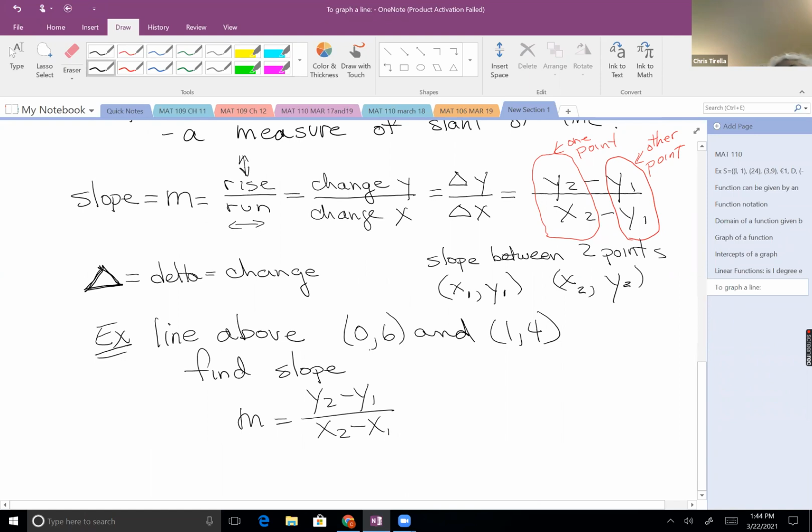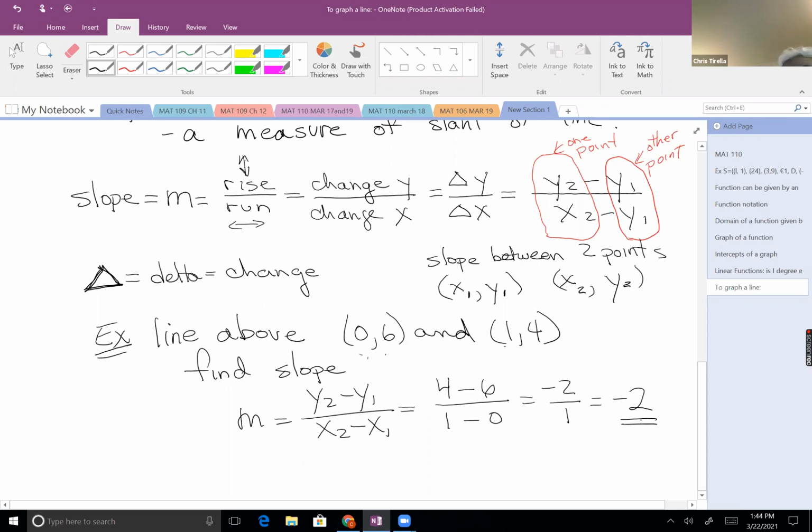And again, it's arbitrary which of these you use as your first point and which as your second point. I guess this will be my x1, y1, x2, y2. And so 4 minus 6 over 1 minus 0 would give me -2 over 1, or -2.